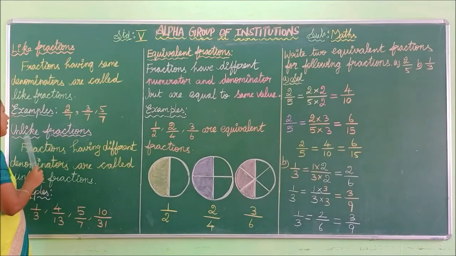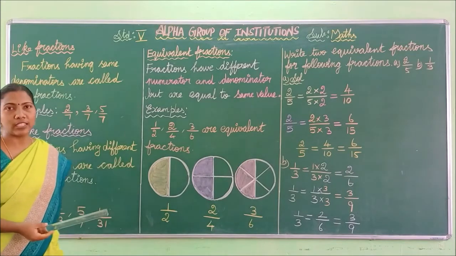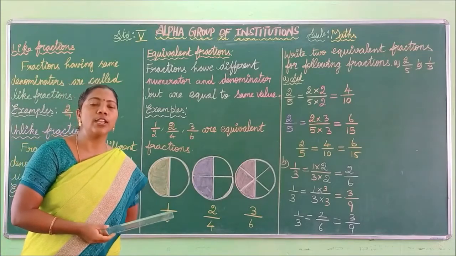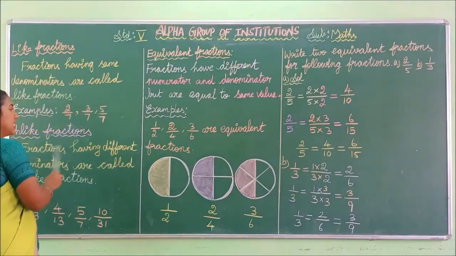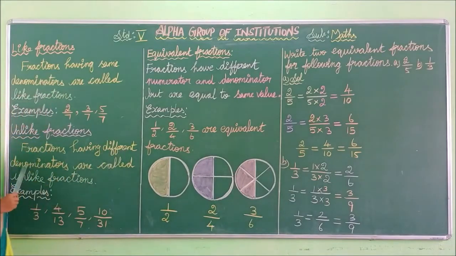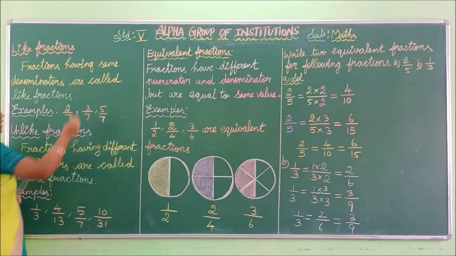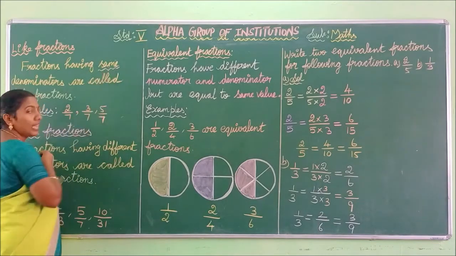Okay. Next we are going to see unlike fractions. What are unlike fractions? Yes, very good. Fractions having different denominators are called unlike fractions. Do you understand? Once again read the definition. For like fractions, you are having the same denominator.